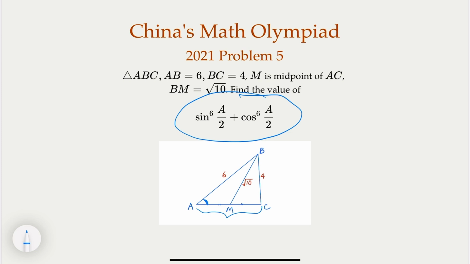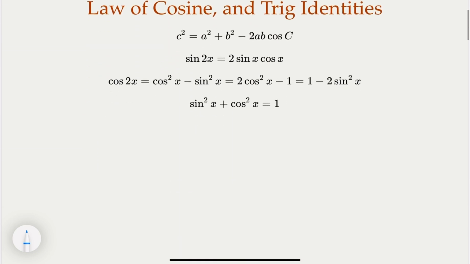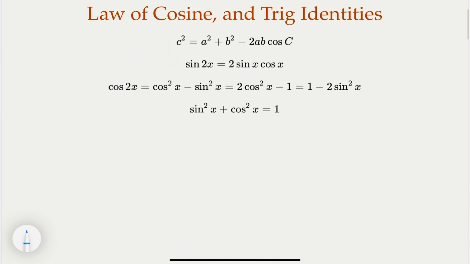All right, so there's some review of law of cosine here, and this is sine 2x and also cosine 2x, and also the fact that sine squared plus cosine squared equals 1. So we're going to use these identities in the process.